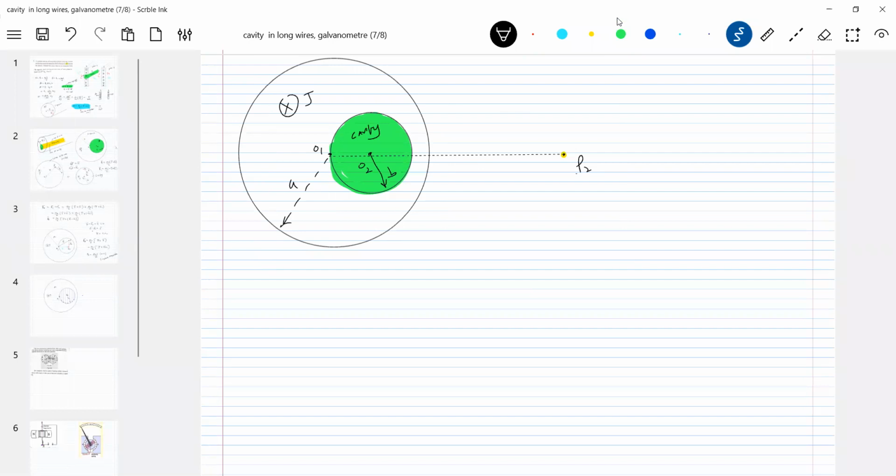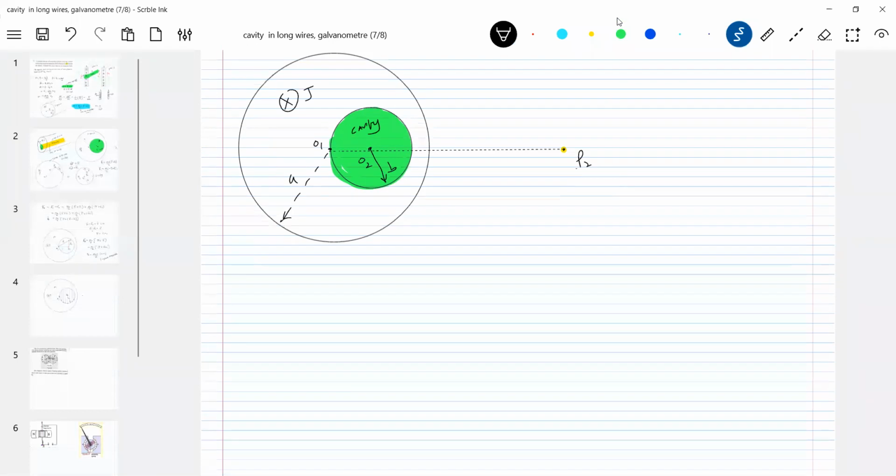Here the current density is J. What is the method? So this should be equal to a wire without cavity. I'll draw a small diagram.